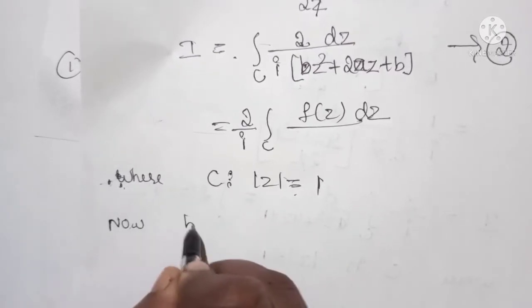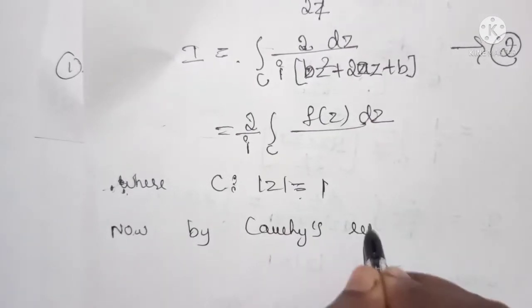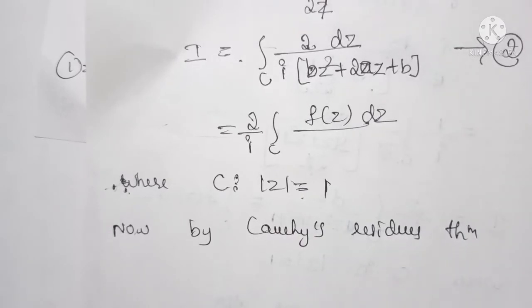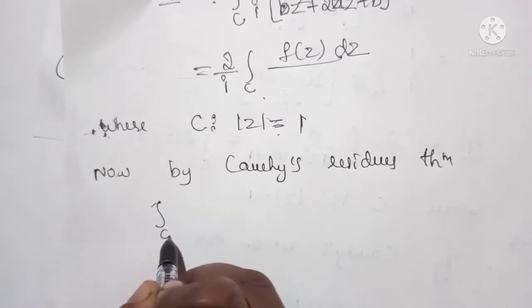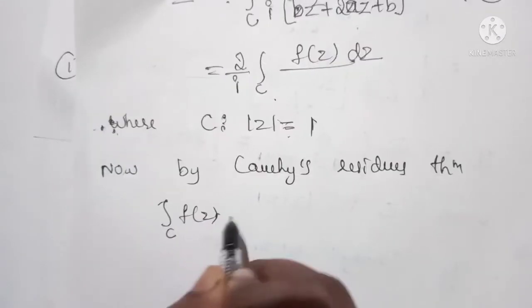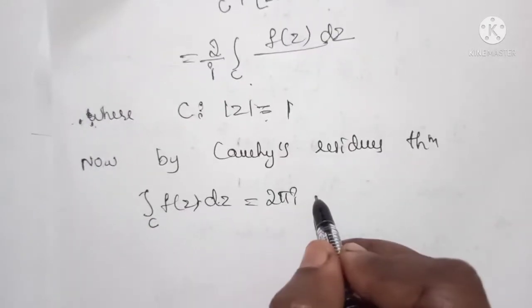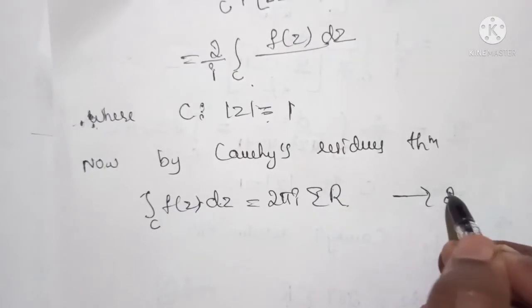Now by Cauchy's residue theorem, we have integral C f of z dz equals 2 pi i times the sum of residues. Consider this as equation 3.